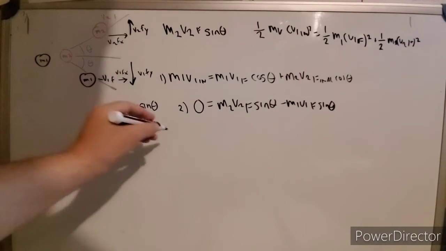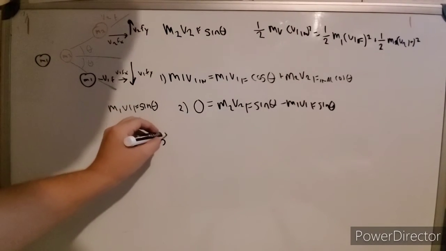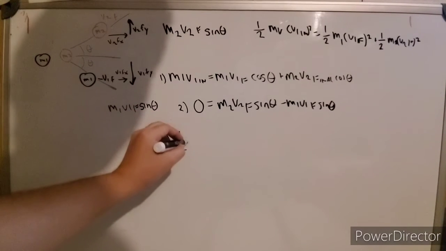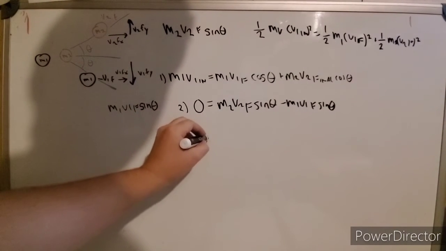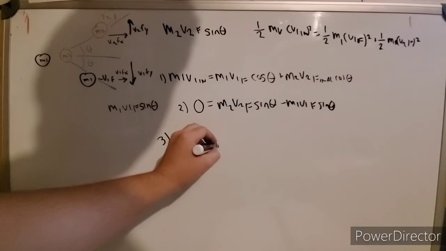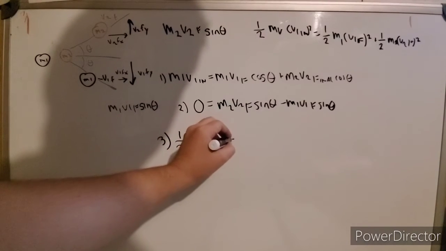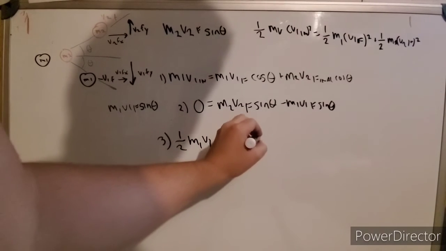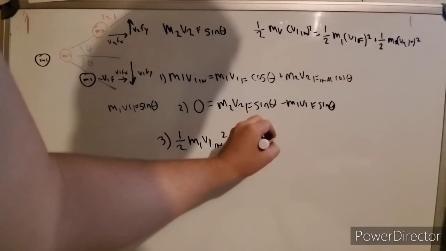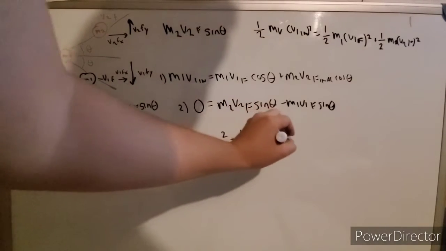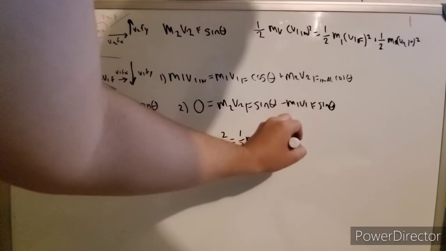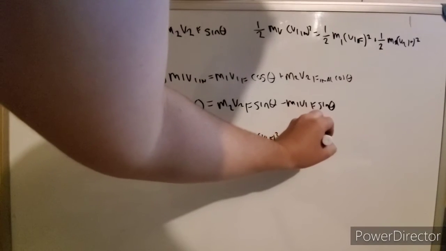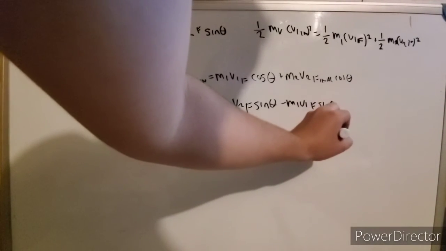Let me write that again. Our third equation: 1/2 m1 v1 initial squared is equal to 1/2 m1 v1 final squared plus 1/2 m2 v2 final squared.